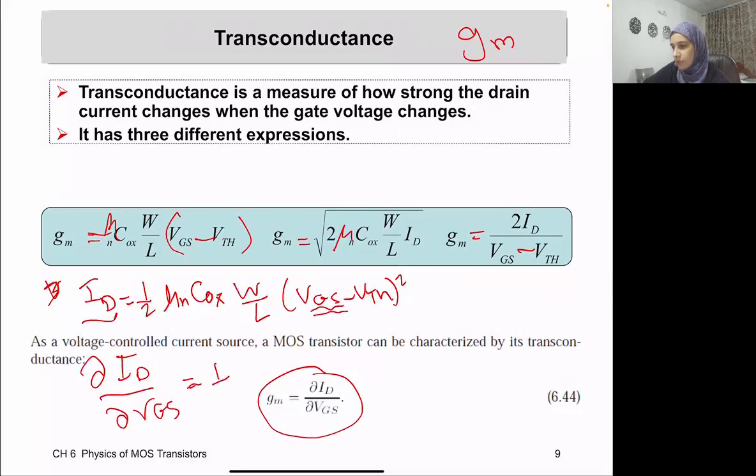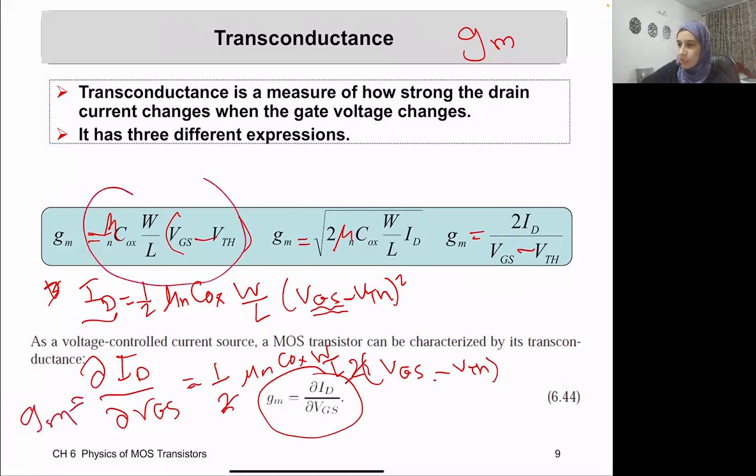So it will be half mu n Cox W over L. Now that square will come out as 2, and this VGS minus V threshold. So now the 2 will go with the half, and this is equal to gm, and this is the relation that is given here.